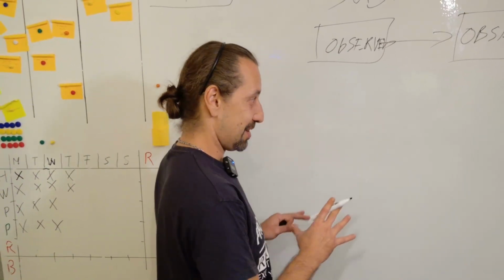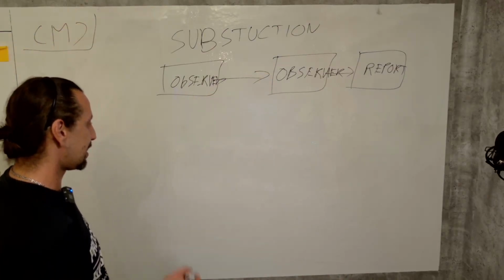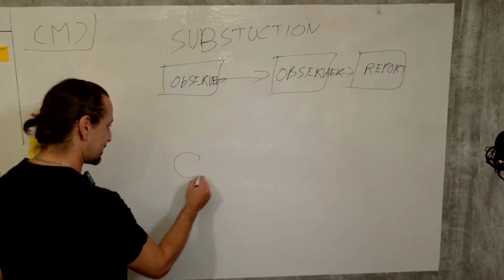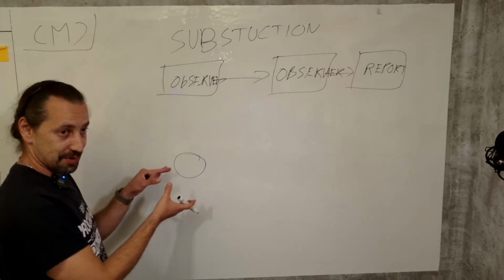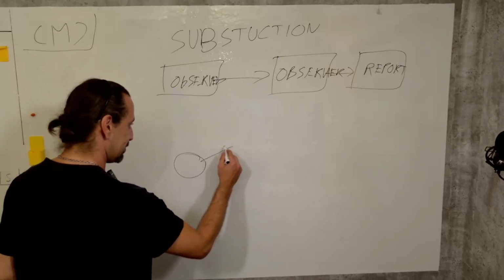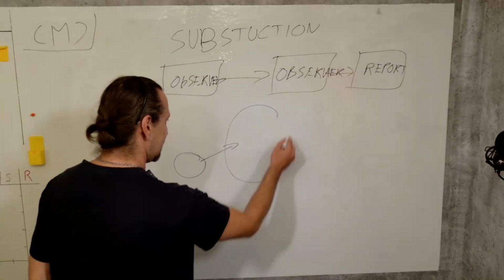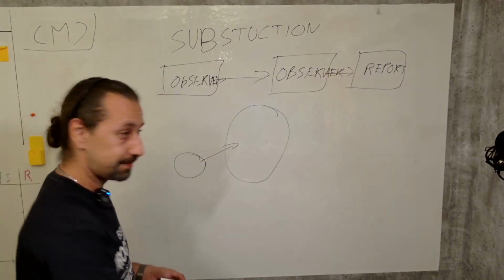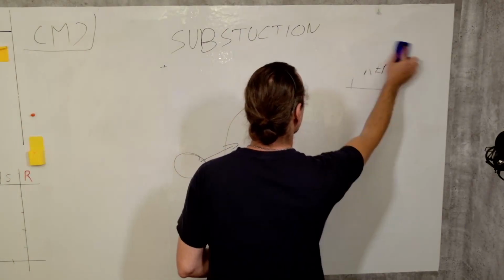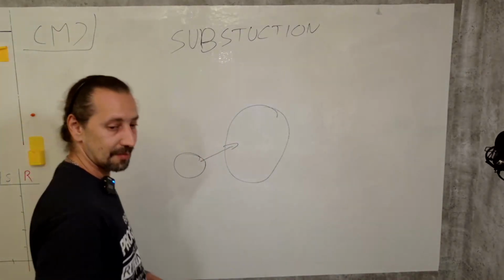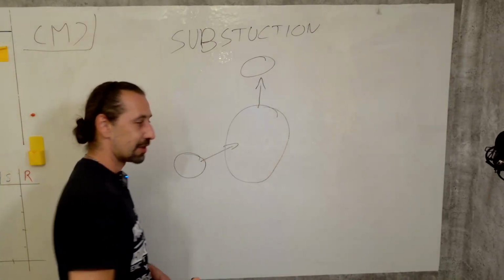This is just a little diagram, and with a diagram I can do other things. Like I have an unobserved object, which will produce, for example, an output to a collection, which will result in a report.